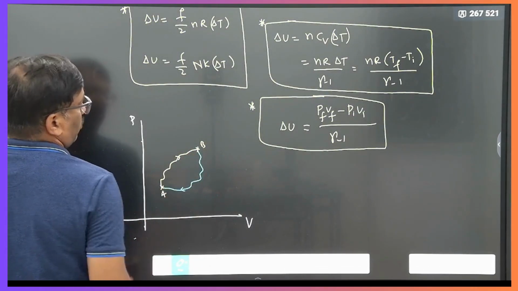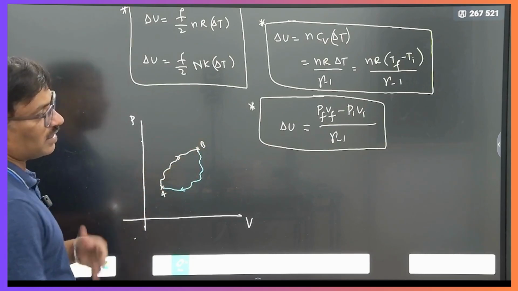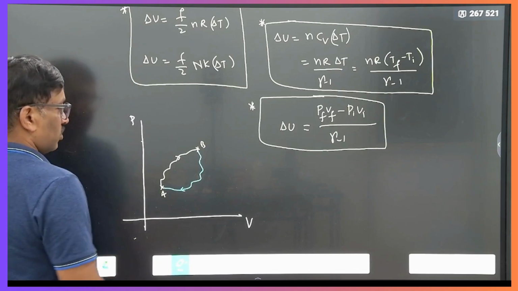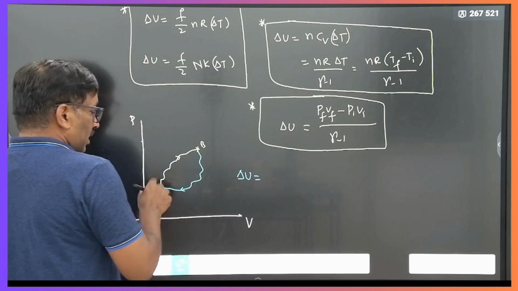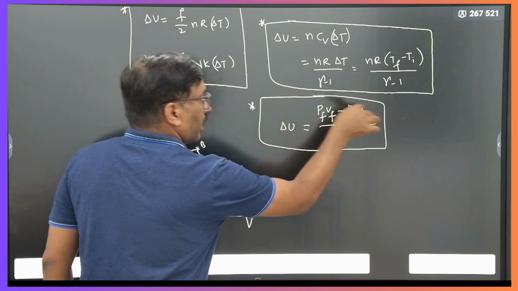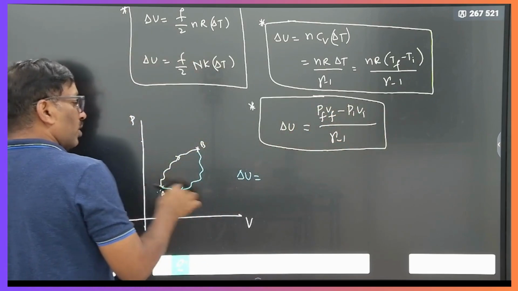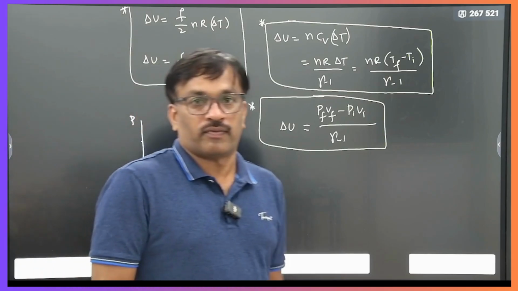So we are going from here to here, here to here. It's nothing but one complete cyclic path. So what will be the change in internal energy? Change in internal energy is the final value minus the initial value, both are the same only. Change in internal energy will be 0.